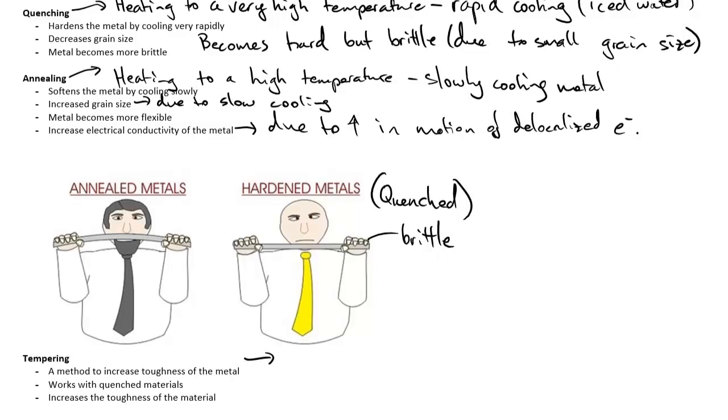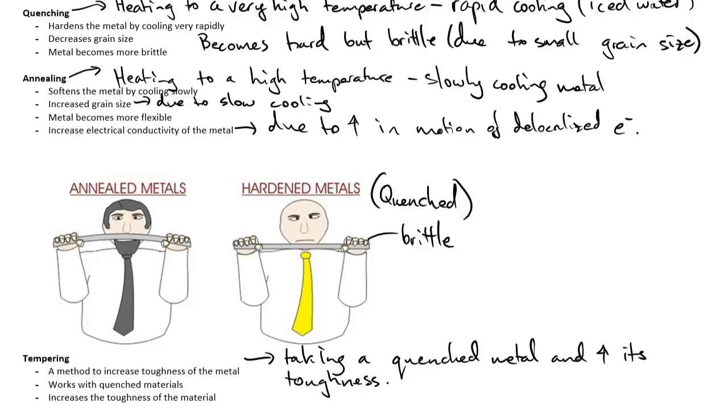And tempering is taking a quenched metal and increasing its toughness.